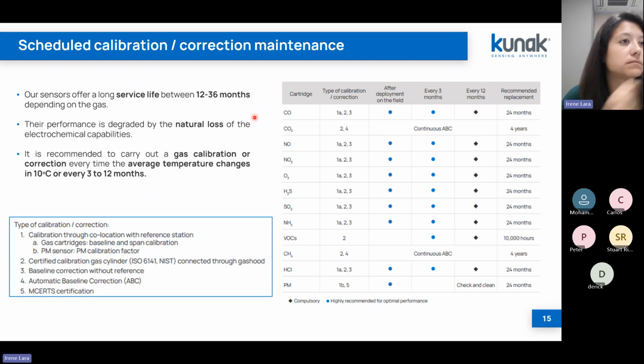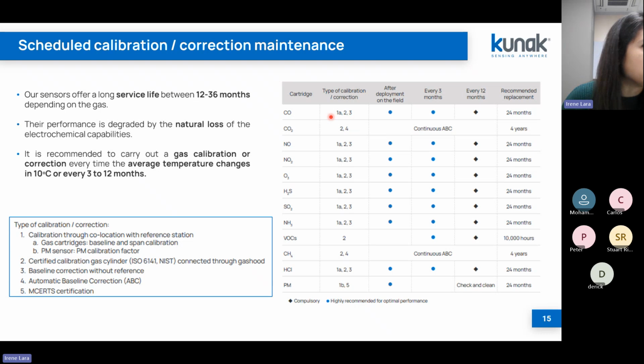And yeah, most of them last 24 months. The performance of the sensor is degraded over time because of the natural loss of the electrochemical capabilities of the sensor. So for that reason, it is recommended to do a baseline correction every 3 months for most of the sensors.